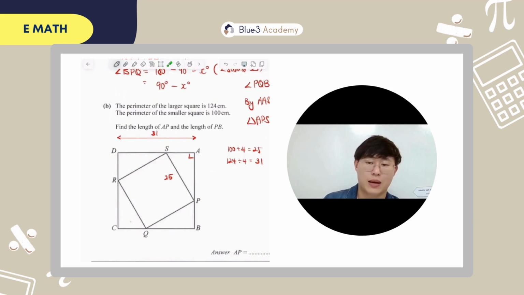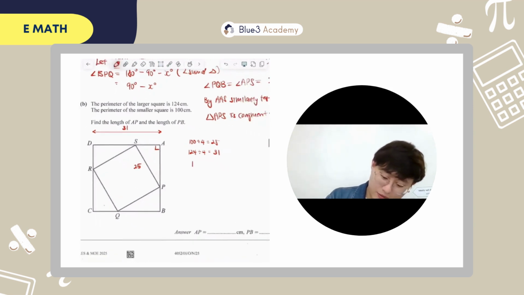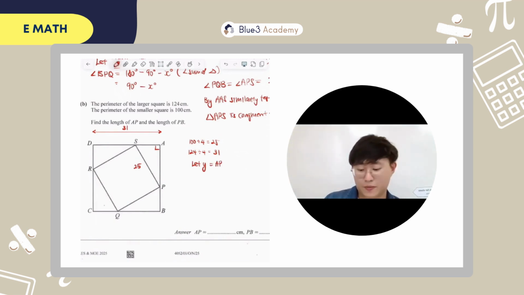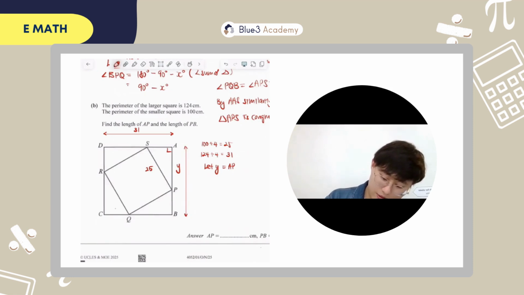But it's really not that deep. I'm going to let y be equal to AP, which also means that my PB is actually 31 minus y.